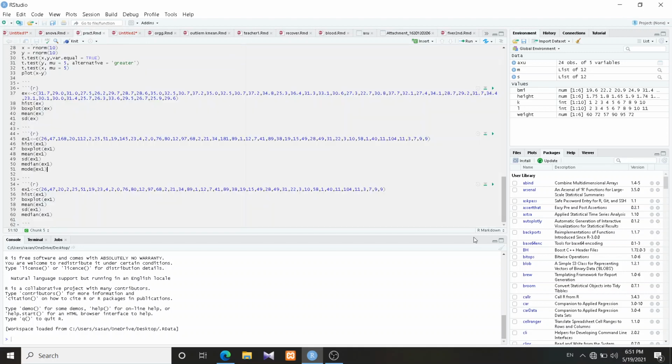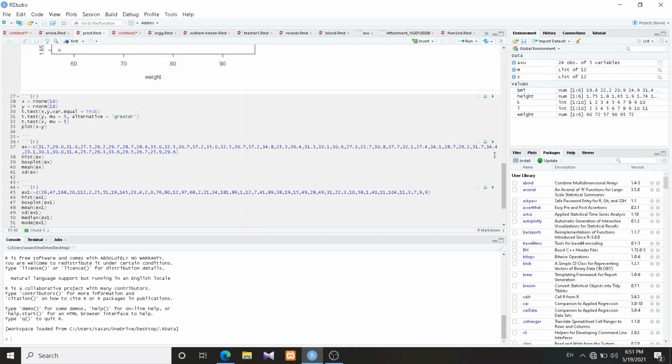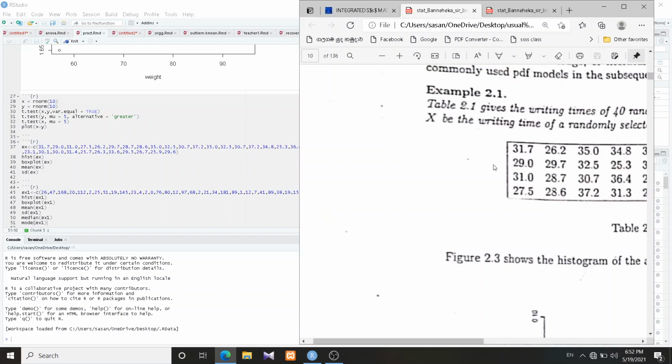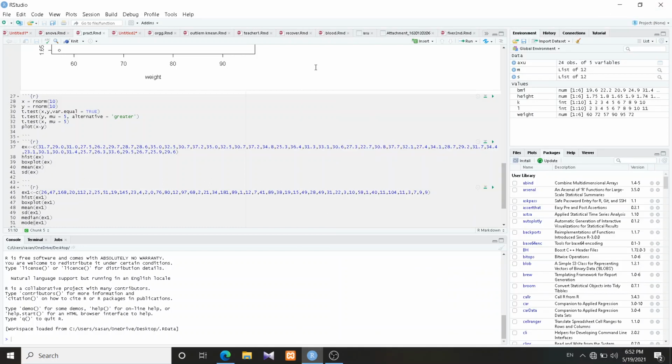I have done some things for you here. This is the dataset that I have inserted, the same dataset, 31.7, 29.0, 31.0, like that. Every data value was inserted here.